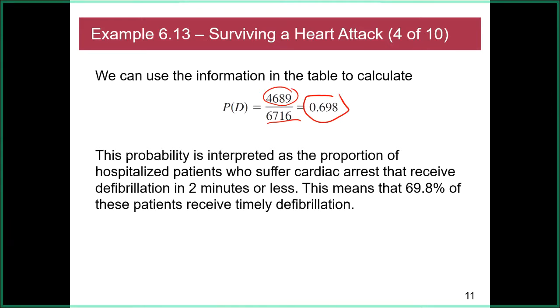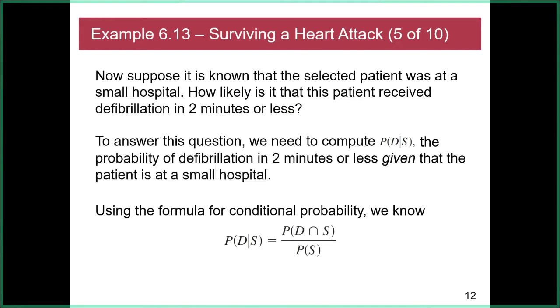Now, this probability is interpreted as the proportion of hospitalized patients who had cardiac arrest and received defibrillation within 2 minutes. Now suppose it is known that a selected patient was at a small hospital. So to look at this, we are now going to narrow it down to those patients at a small hospital.